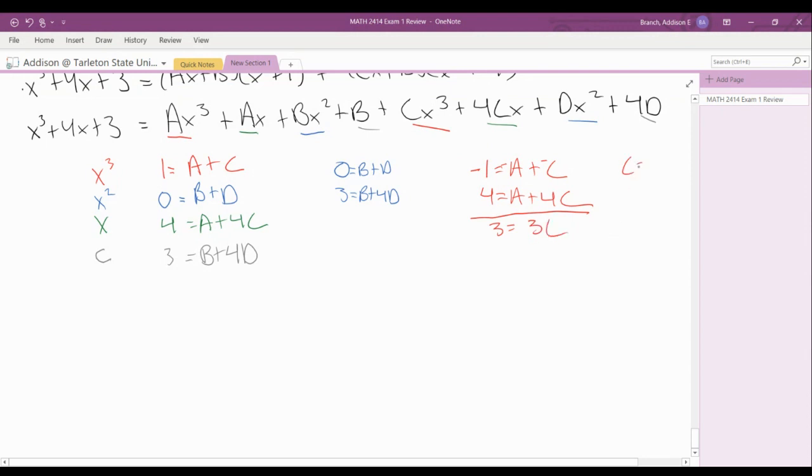Therefore, we can say that c is equal to 1, I misspoke right there. And we also know that if a plus c is equal to 1, and c equals 1, then a has to be equal to 0.